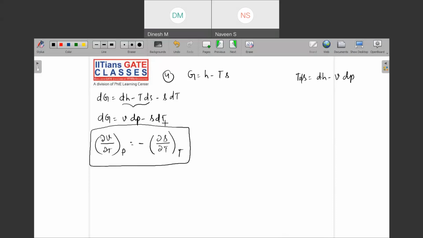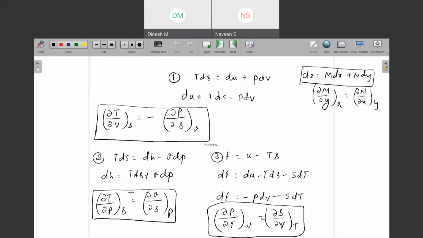Okay. So what are these ordinarily helping you to do? These are helping you to find out, see, if you know the delta T upon delta V when your entropy S is equal to constant, then you can find the change in other properties.